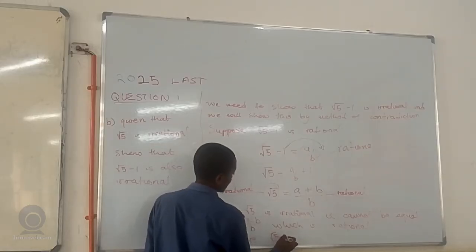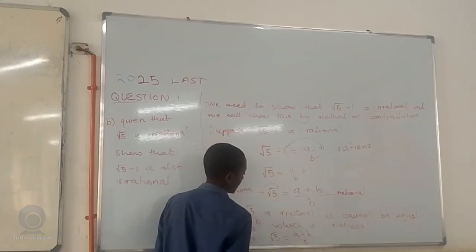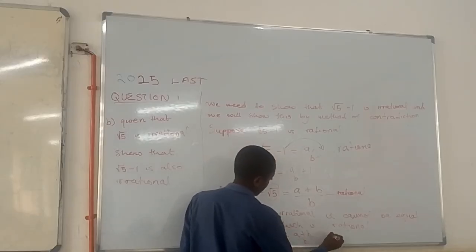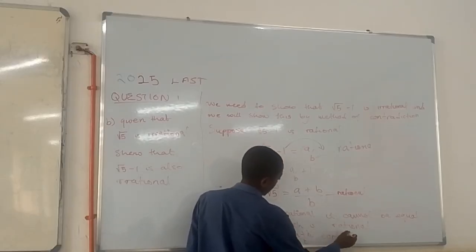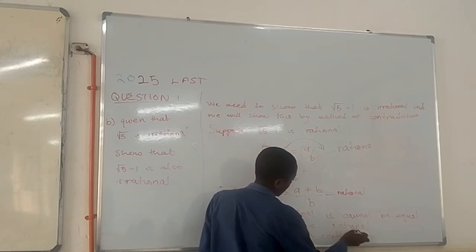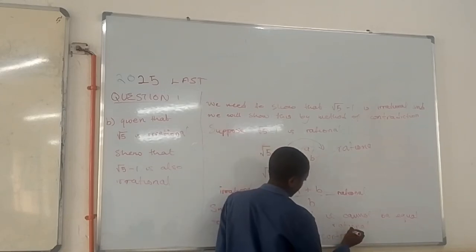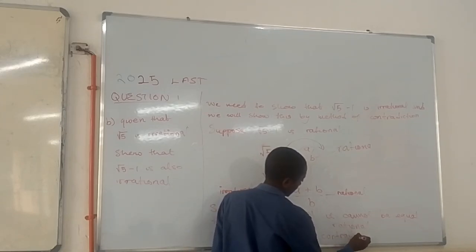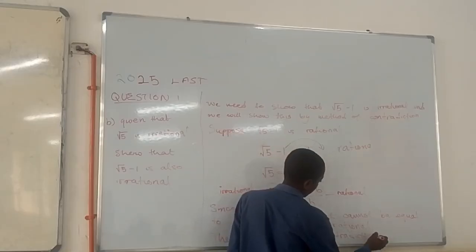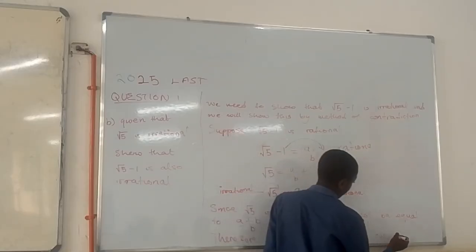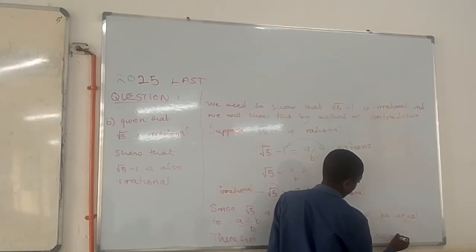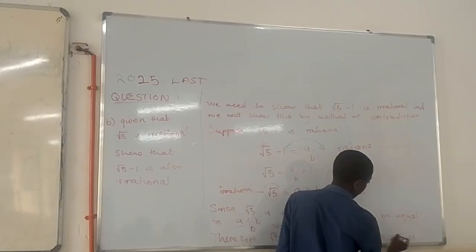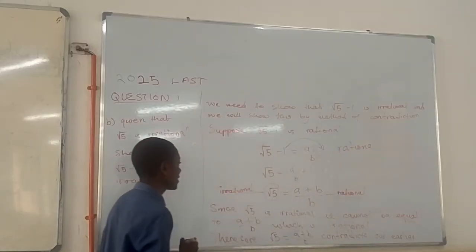Therefore root 5 equal to a plus b over b contradicts our earlier assumption.